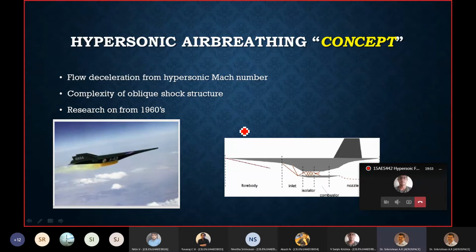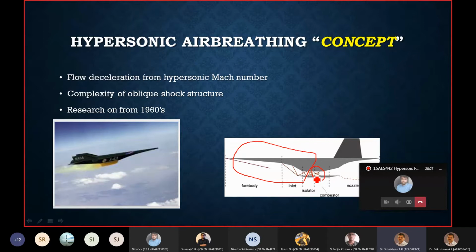The research, of course, has been going on for quite some time, and the main issues associated with the scramjet propulsion system are those associated with the intake, where the hypersonic flow has to come down to a lower supersonic value, and also issues related to the combustion chamber, where a supersonic stream has to be sustained with proper fuel-air mixing, and combustion has to be sustained at that very high velocity.